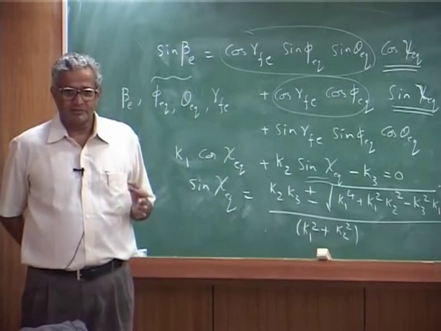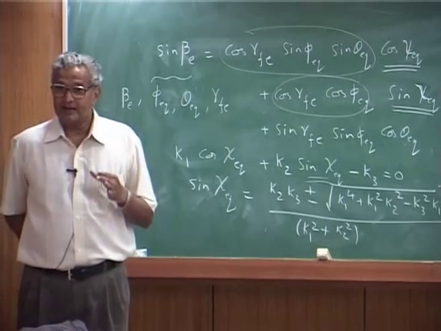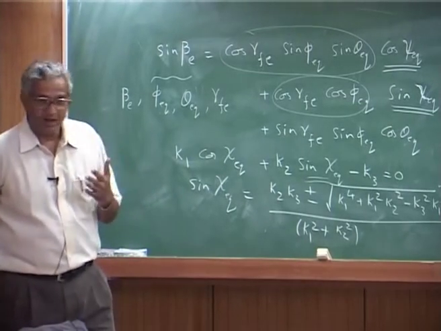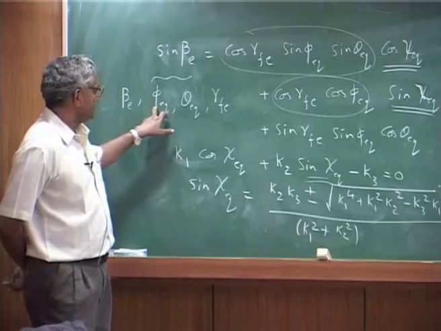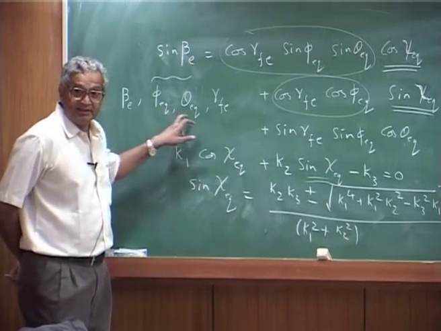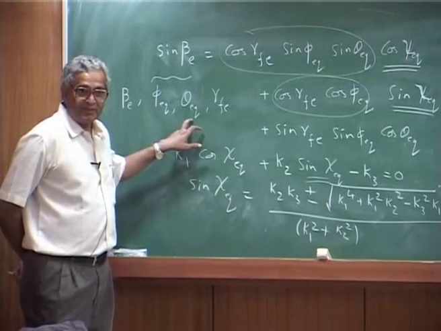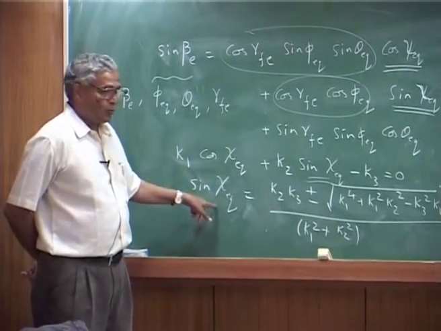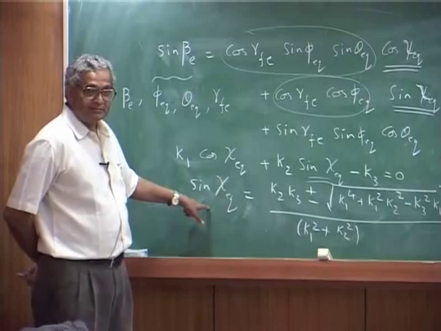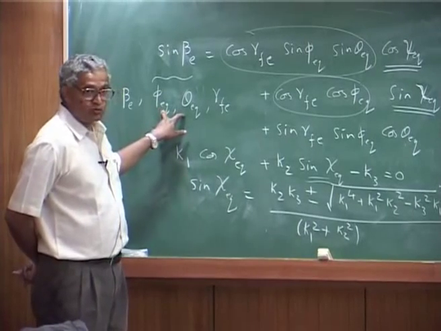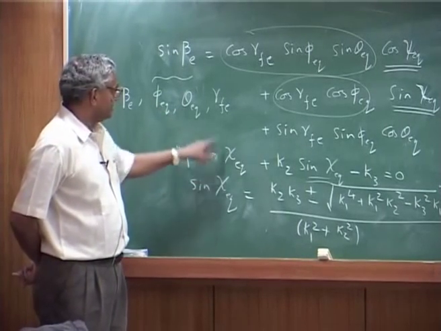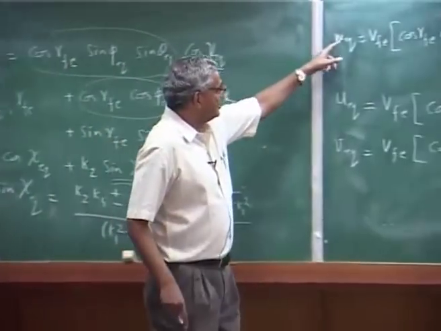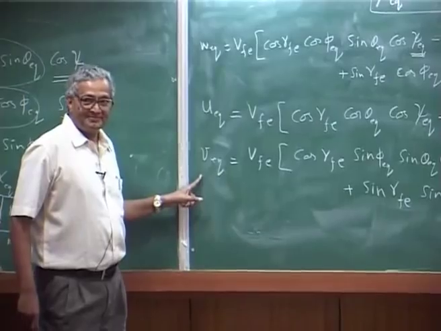First thing is I must go and get the track angle. How do I get track angle? First I assume the orientation of the helicopter. You assume, then you get the track angle. Once you get the track angle, you have already assumed these two. Track angle you know, gamma FE you know, you can immediately get UE, VE, WE.